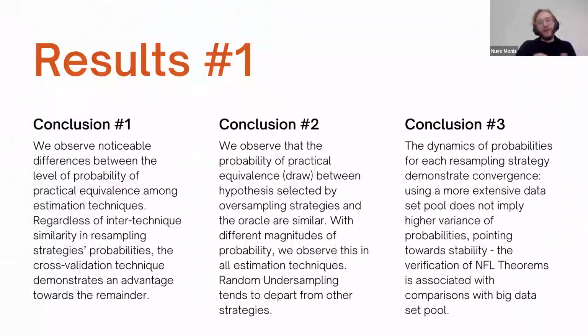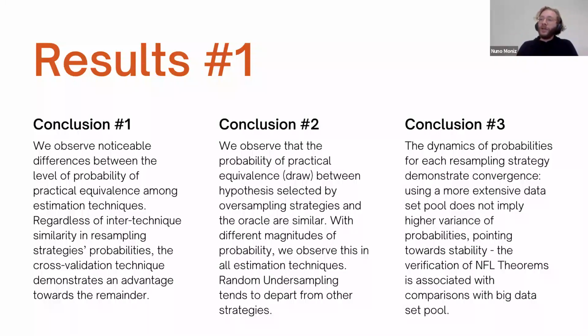But we saw within each technique that some resampling strategies have a lot of similarity, and of course we observed that the cross-validation technique has an advantage over the remainder, but we assume this is basically because we're simulating the off-training set generalization error with the holdout strategy. Basically, you're taking out a part of the data and using that for testing, but there is no way to guarantee that it doesn't have an overlap with the training data.